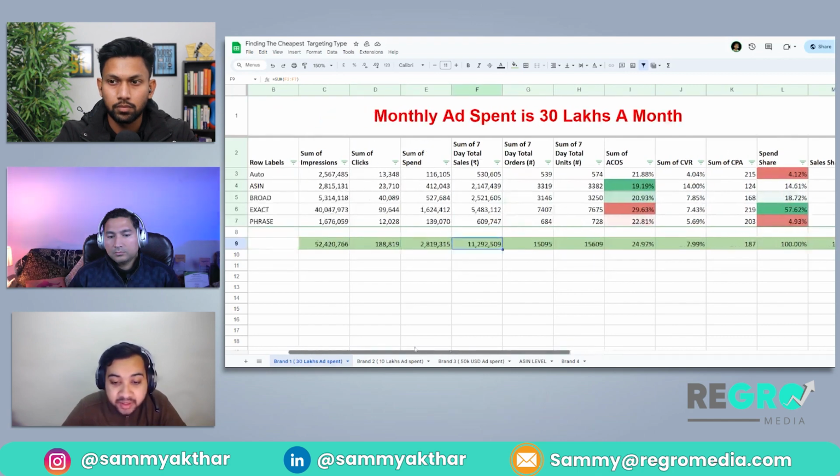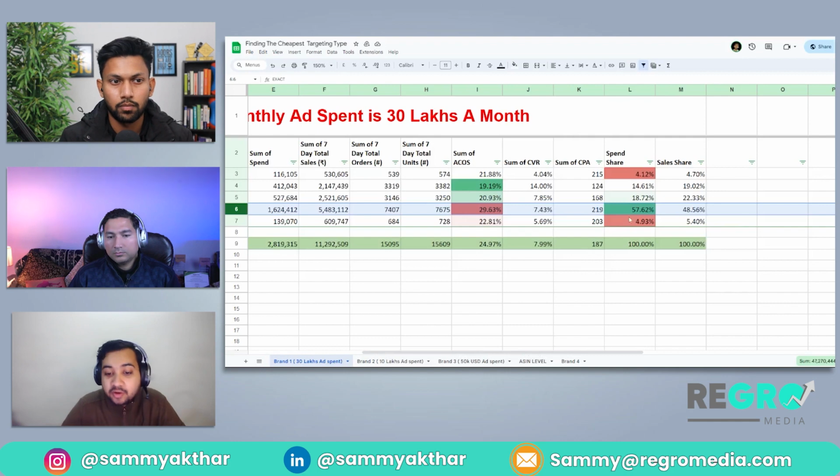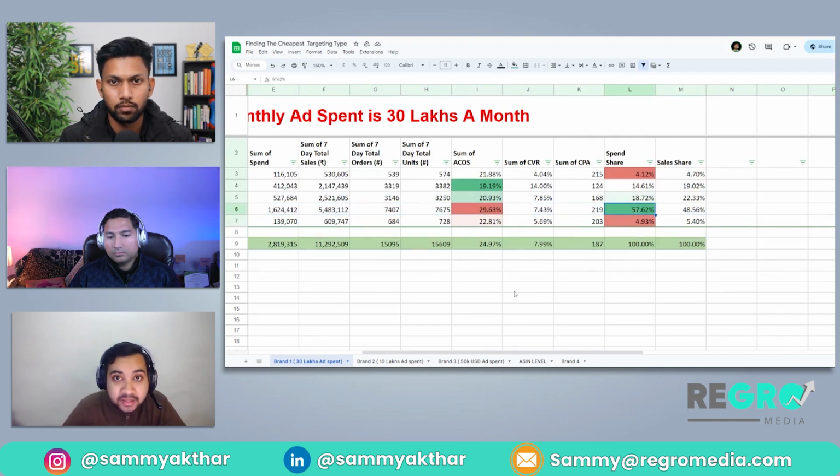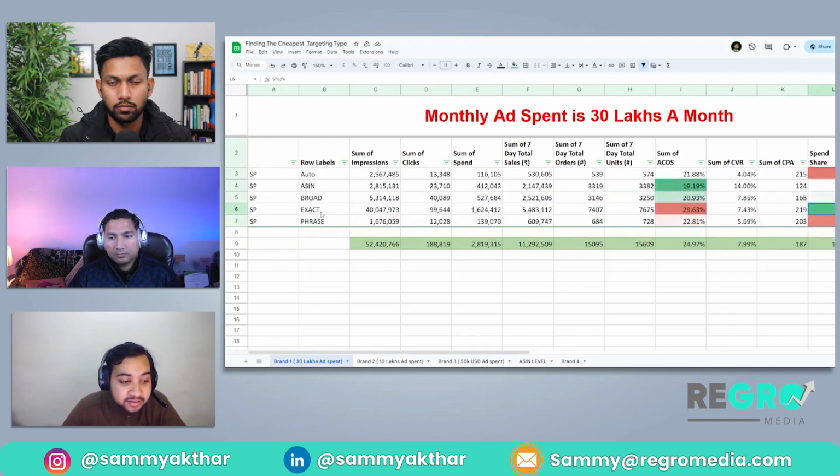Considering this, a brand with this much volume of sales should not be spending 57% of their budget on just a single match type, and that too exact match type. I feel, and it's a fact, that this brand has limited its sales channels by using these exact keywords.